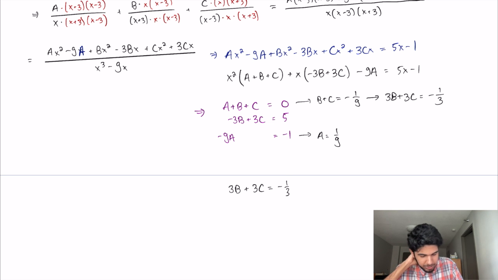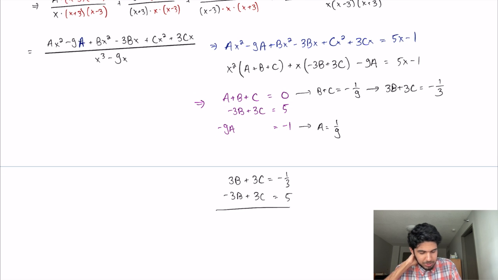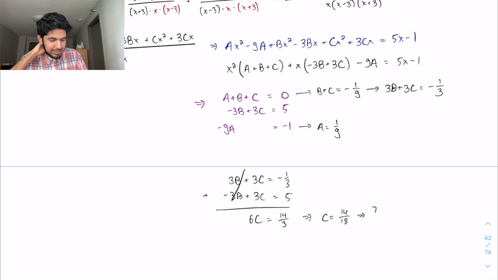Looking at the second equation, we have negative 3b plus 3c equals 5. So if we sum these two equations together, the 3b's cancel and we're left with 6c equals, we're summing them, so this would be 14 over 3, which tells us c equals 14 over 18, or 7/9.